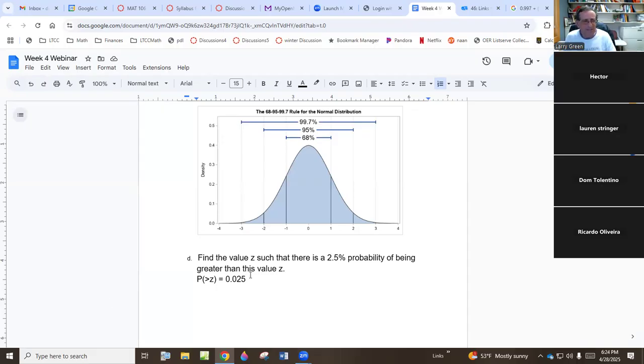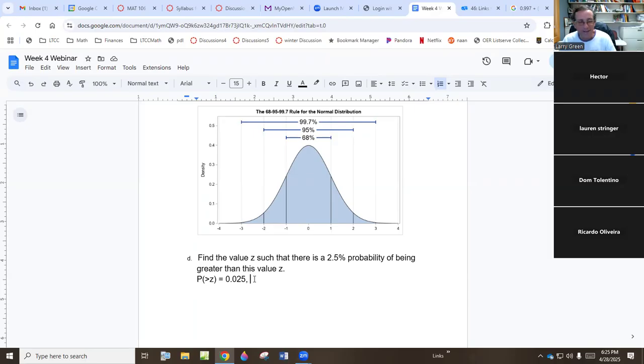So now what we do is a little trick, and it's something that we've been doing all along. Before, to find the probability, we divided by 2. But if we're given a probability and we want to find z, let's multiply by 2. So what is twice this probability? In other words, greater than z is the right-hand side.